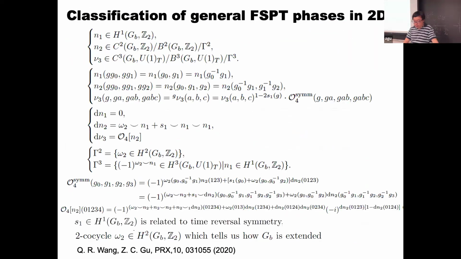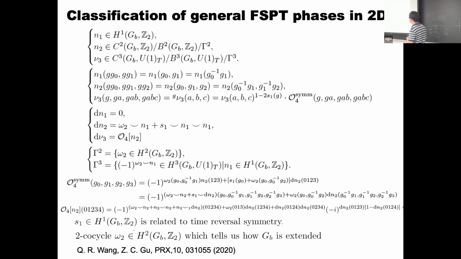Yeah, in the internal symmetry case, let me go back to the 2+1D example. In this table, we fully specify this internal symmetry. We have the data like omega-2. Omega-2 means whether you choose a trivial or non-trivial extension. But this omega-2 is also not unique. For arbitrary G_b and Z2, you have several different choices, and you should choose the proper one. We call it the physical one, corresponding to a mirror reflection of -1, rotation to the nth power of -1.